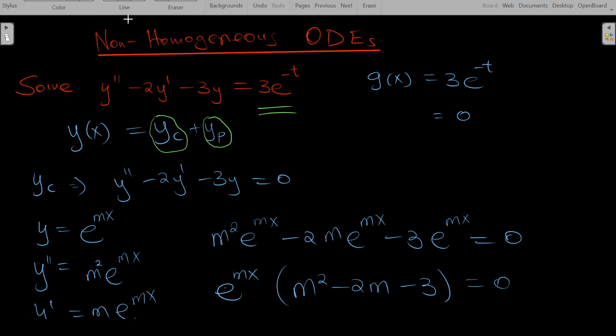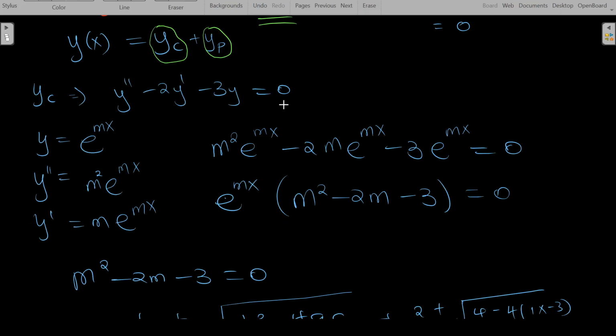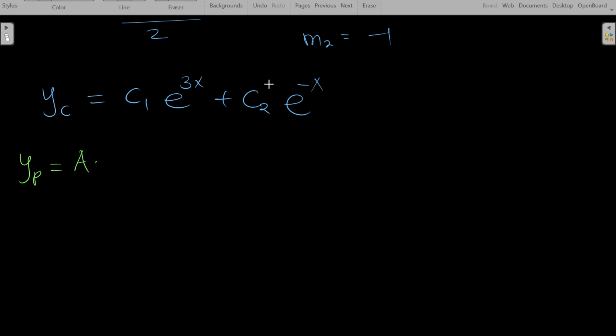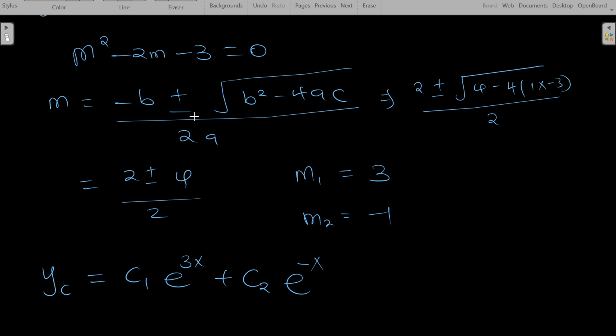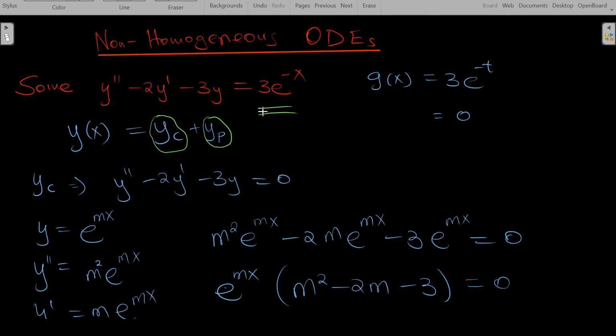I have to change this term here to be x, so that we compute things right. So you write your forcing function as a multiplied by e raised to negative x. Don't write the constant term 3. Don't include the constant term 3.